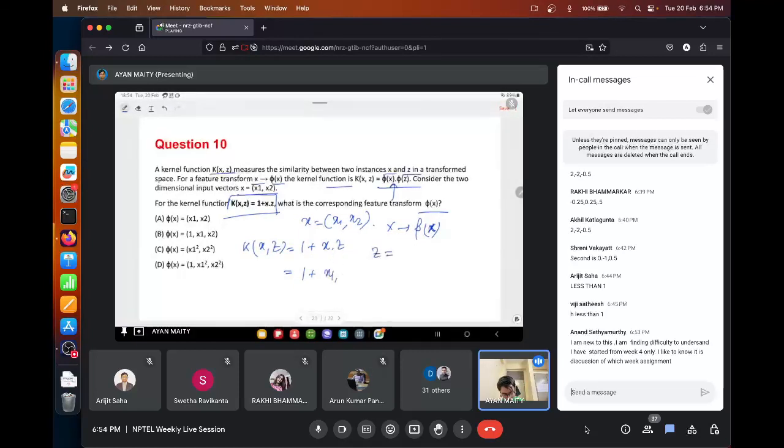Similarly z would also be (z1, z2). After the dot product we get 1 plus x1 z1 plus x2 z2. This is the kernel of x comma z.